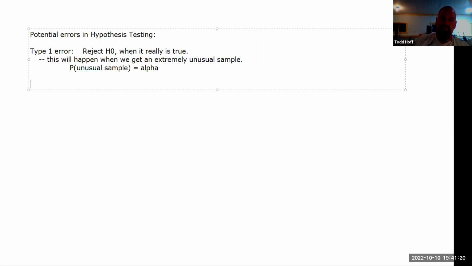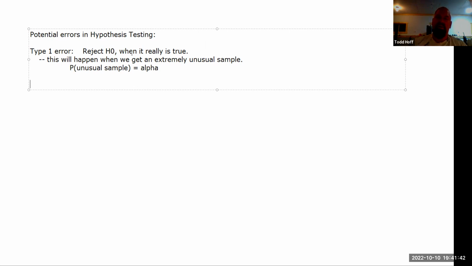Because when we say an alpha of 0.05, what we're saying is there is a 5% chance that even if the null hypothesis is true, we can get a sample that's extreme enough that we would still reject it. Since the chances of getting that sample are sufficiently small, we're willing to take that risk.